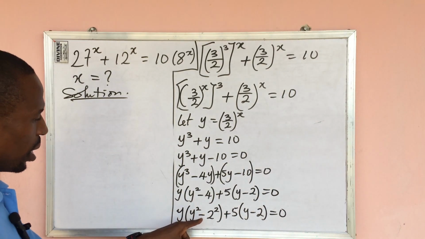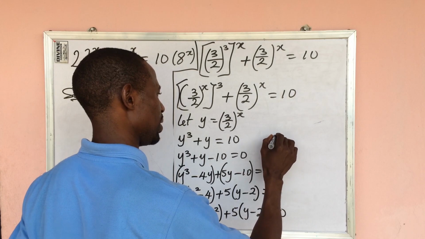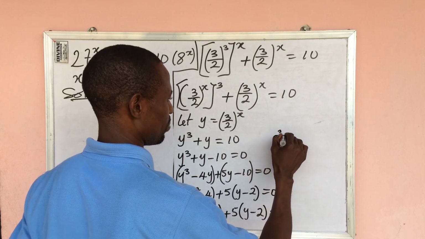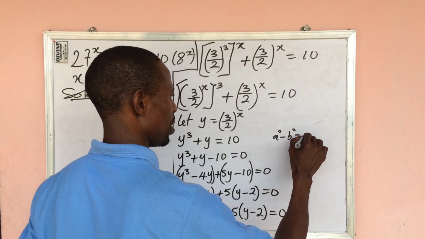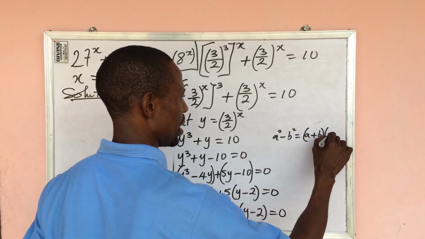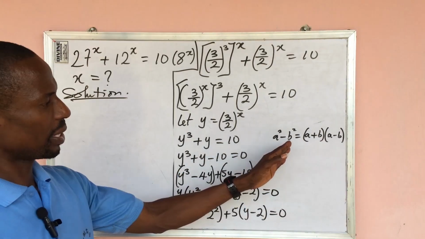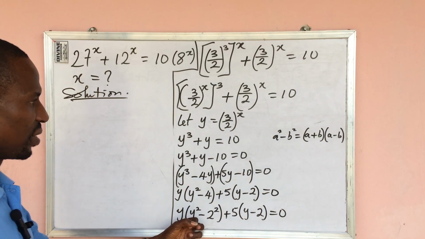If we use the law that a squared minus b squared is equivalent to a plus b bracket a minus b, we can bring this expression to this form.